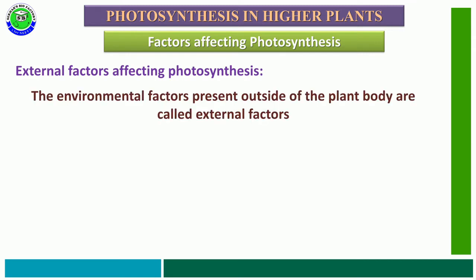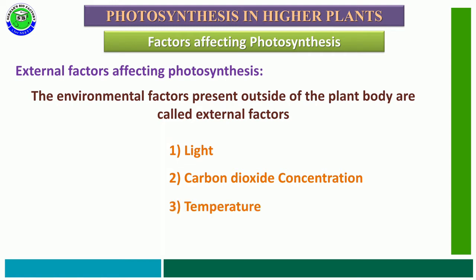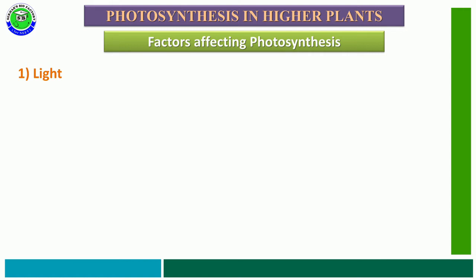The environmental factors which are present outside of the plant body are called external factors, and these external factors include light, carbon dioxide concentration, temperature, along with water. The first external factor is light.